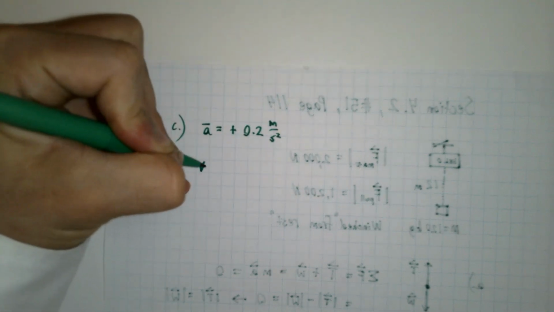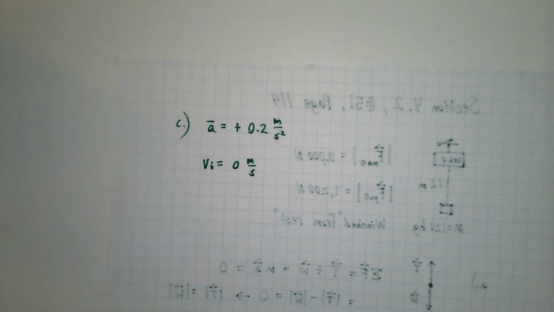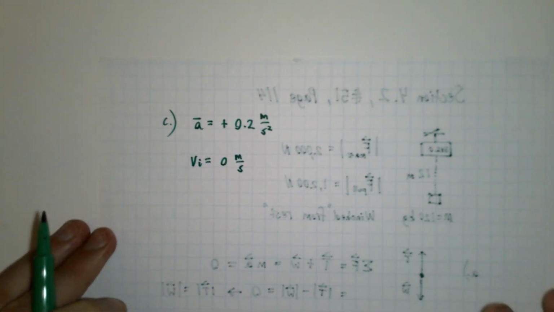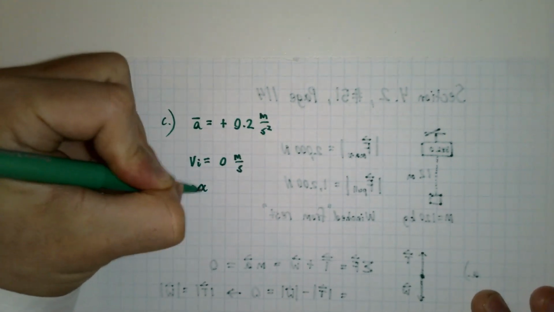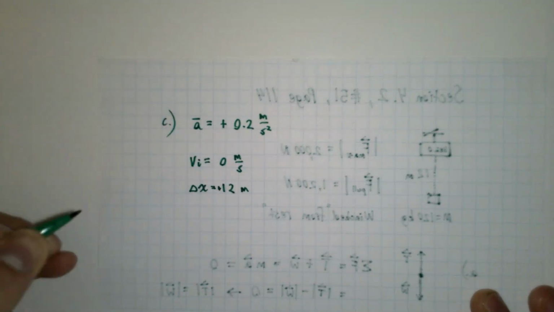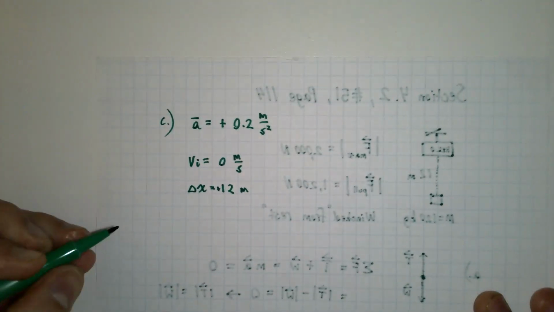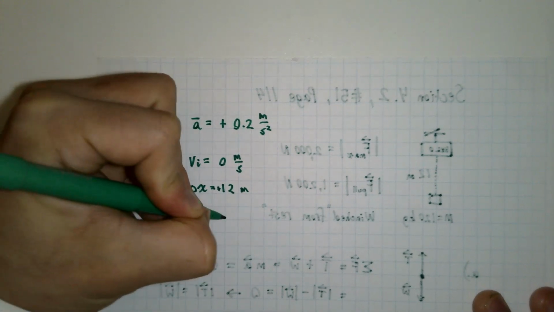Given that we're moving from rest, our initial velocity is 0 meters per second. And the distance from the rescuer and the victim all the way to the helicopter was given in the problem by 12 meters. So that's the displacement. It needs to move positive 12 meters, or 12 meters in the positive direction. We're asked to find the amount of time that this movement would take.